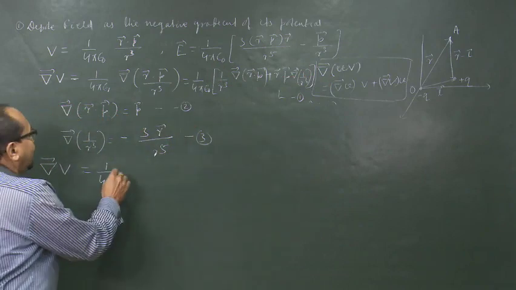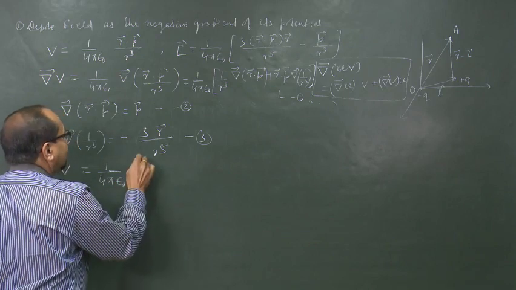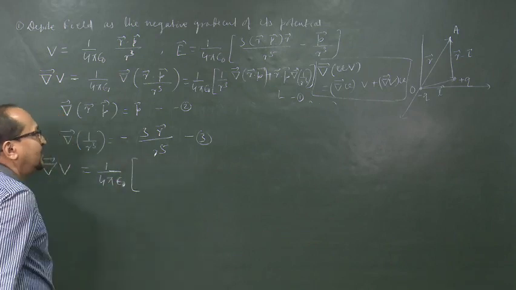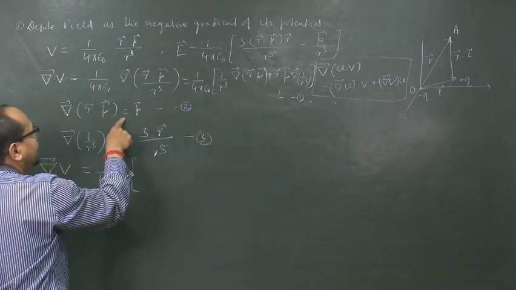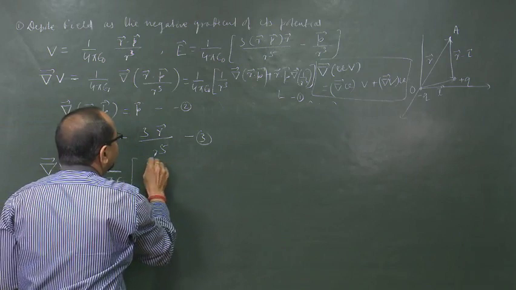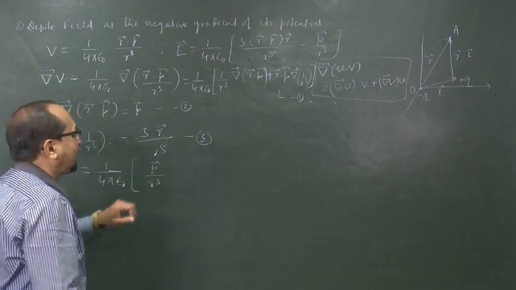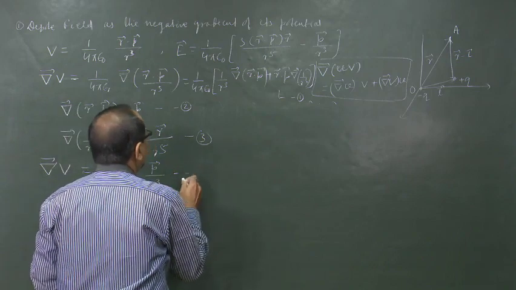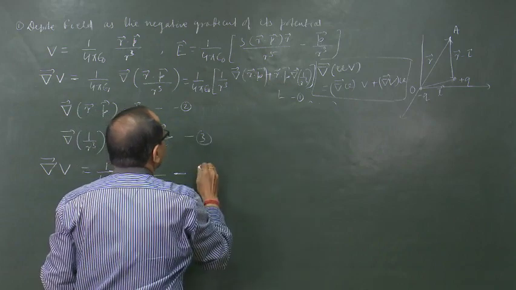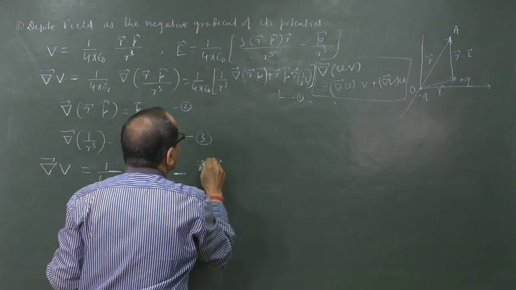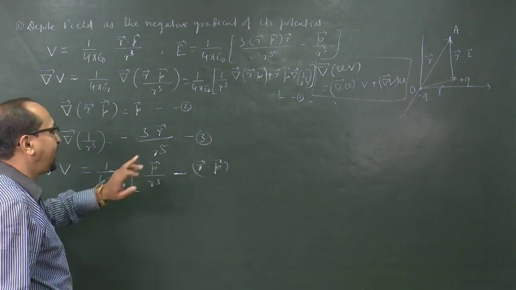Okay. 1 by 4 pi epsilon naught into this gradient of r dot p, from equation 2, becomes p vector by r cube, and this one is minus r dot p into gradient of 1 by r cube, which is minus 3 r by r to the power 5.